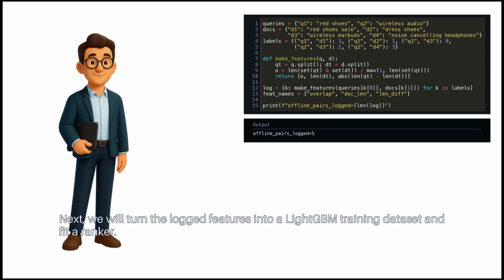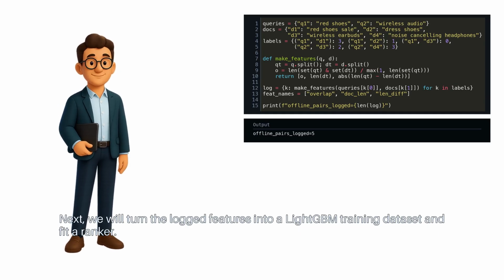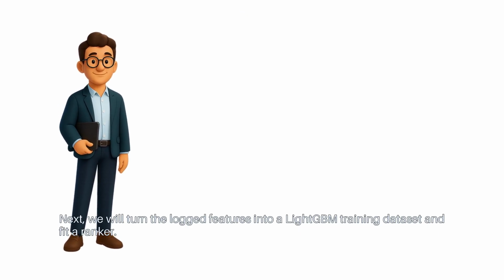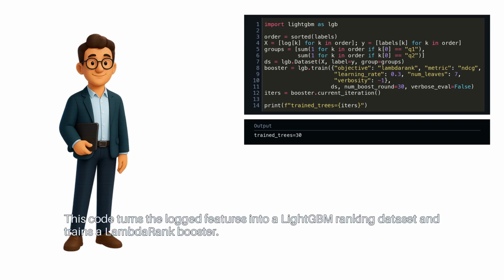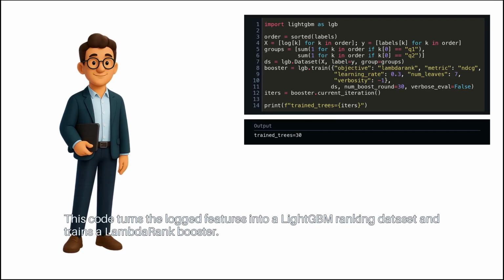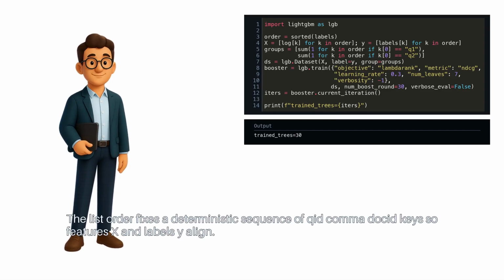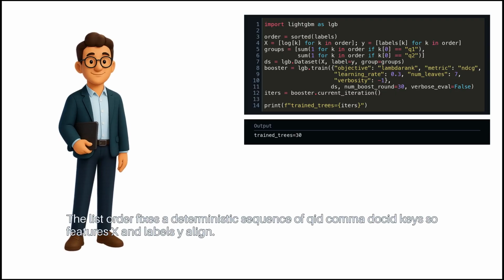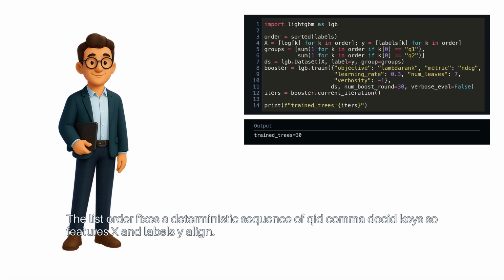Next, we will turn the logged features into a LightGBM training dataset and fit a ranker. This code turns the logged features into a LightGBM ranking dataset and trains a LambdaRank booster. The list order fixes a deterministic sequence of QID, docID keys, so features X and labels Y align.